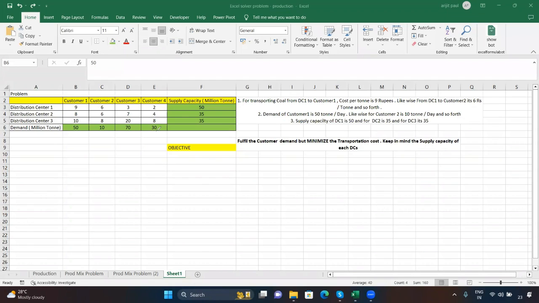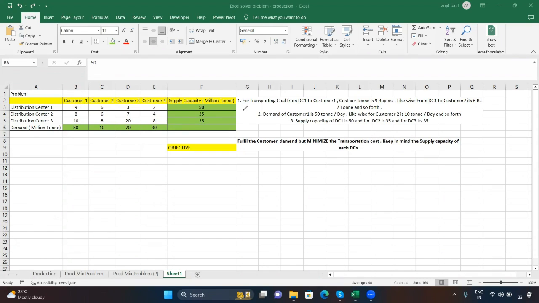Okay. And what is the objective? To fulfill the customer demands, but minimize the transportation cost. So we need to minimize the transportation cost. Now, what is the transportation cost? To carry the materials from distribution center 1 to customer 1, the transportation cost is 9 rupees per ton.